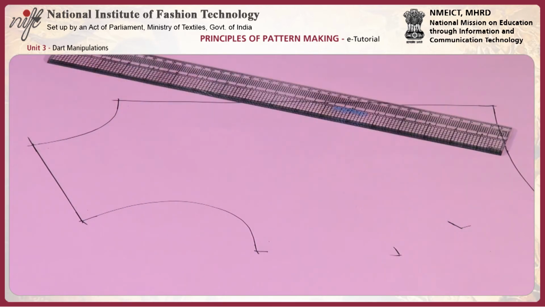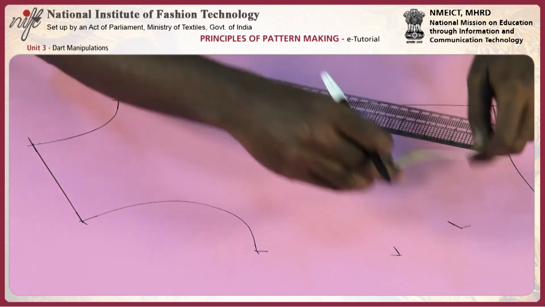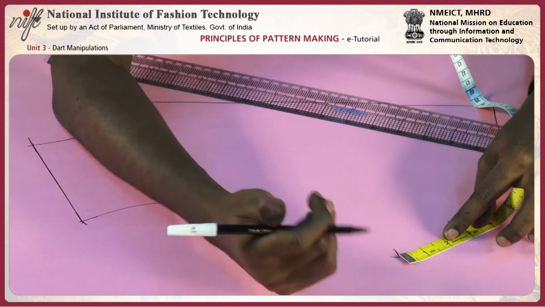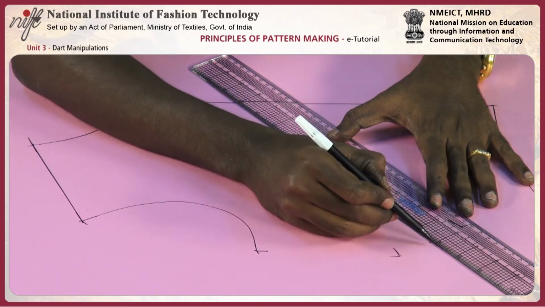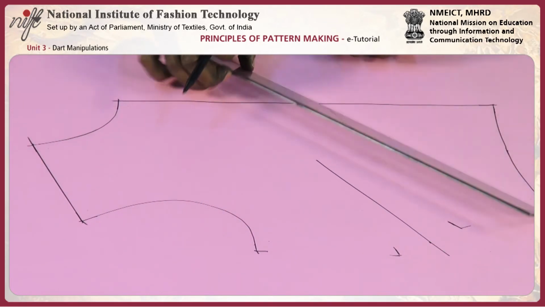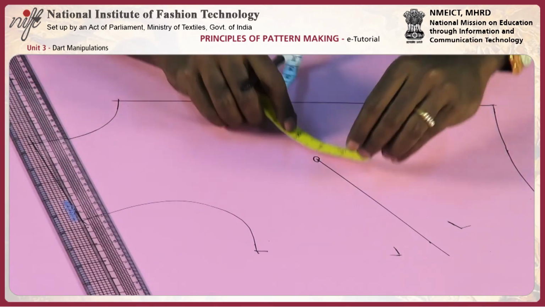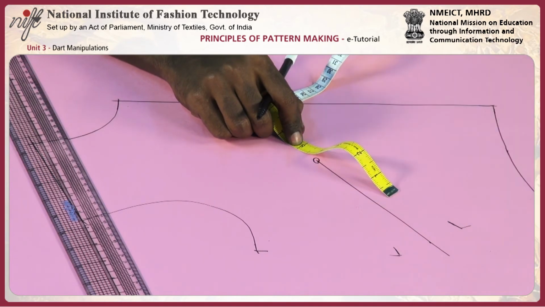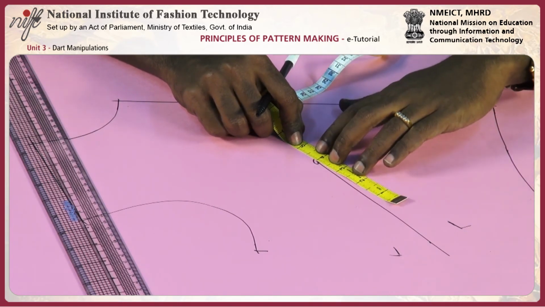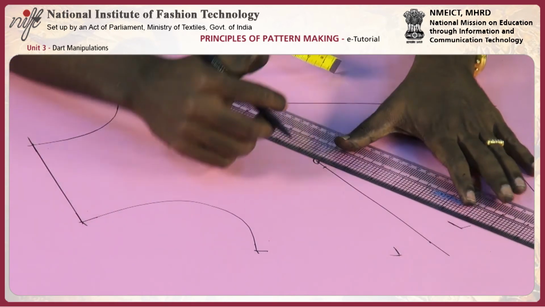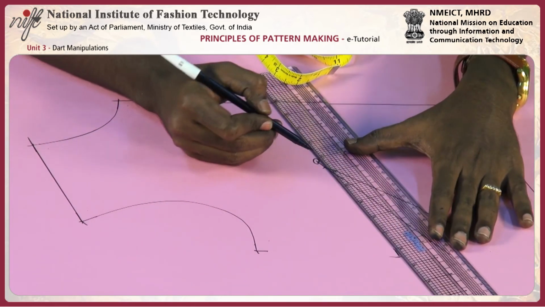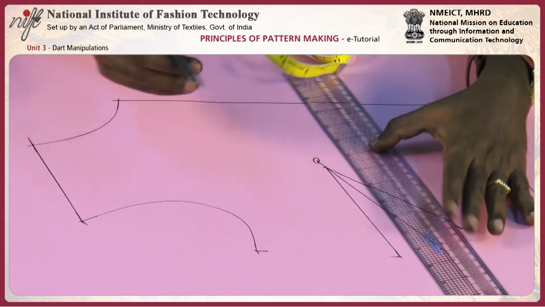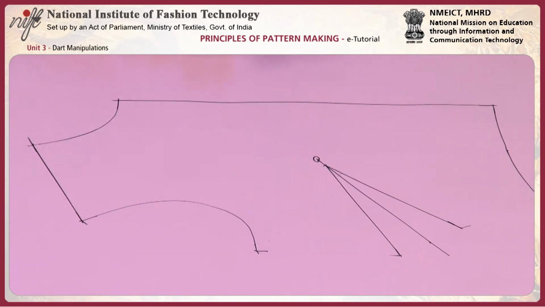First mark the midpoint of the French dot, connect midpoint of the dot to the bust point, mark half an inch inside, draw the dot legs, then cut the pattern.